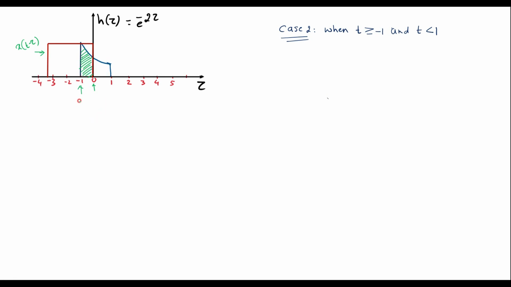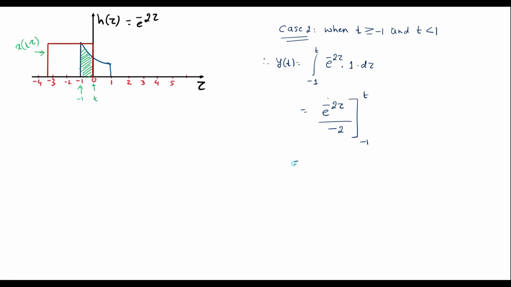Therefore, the lower limit of the integration is minus 1 and the upper limit is t, so we can write y of t is equal to the integral from minus 1 to t of h of tau, that is e power minus 2 tau, into x of t minus tau, whose value is 1, d tau. Simplifying this, e power minus 2 tau divided by minus 2, with limits minus 1 to t.